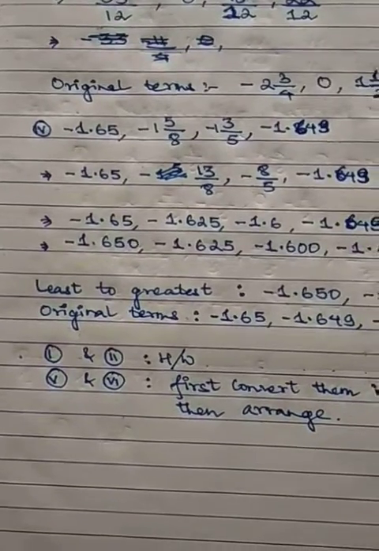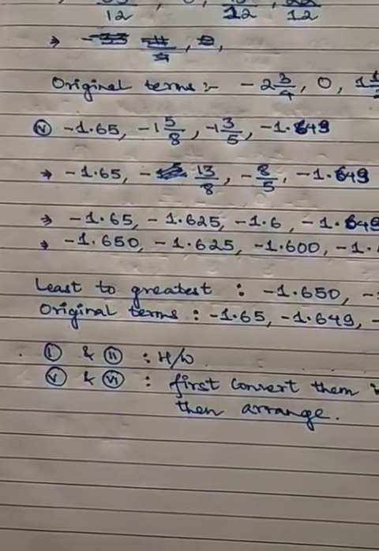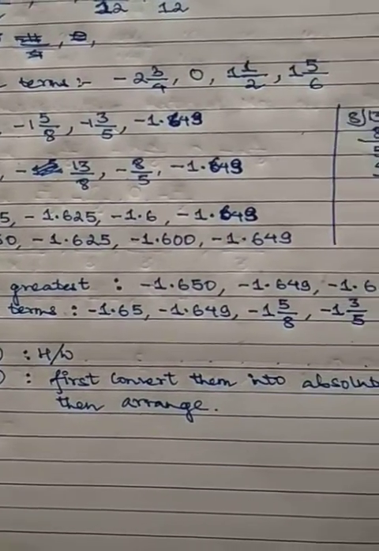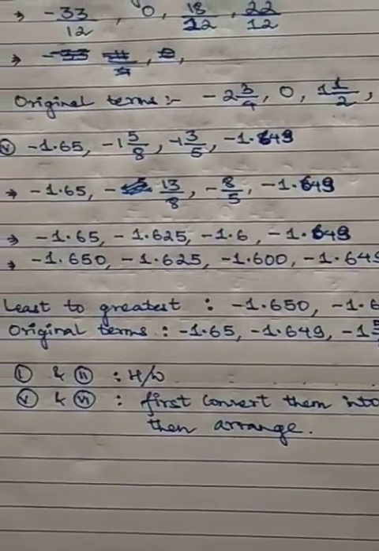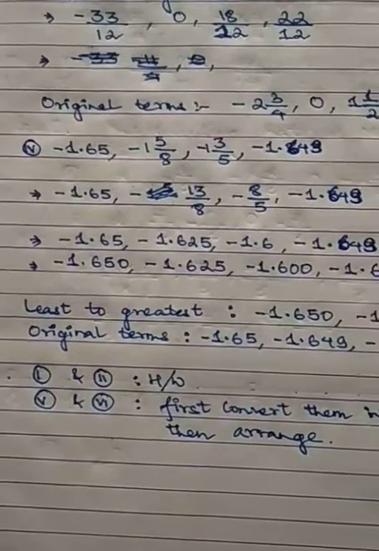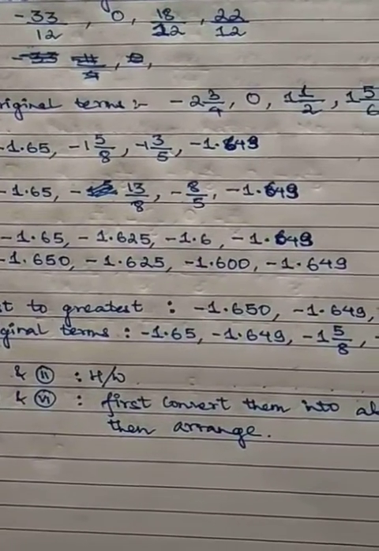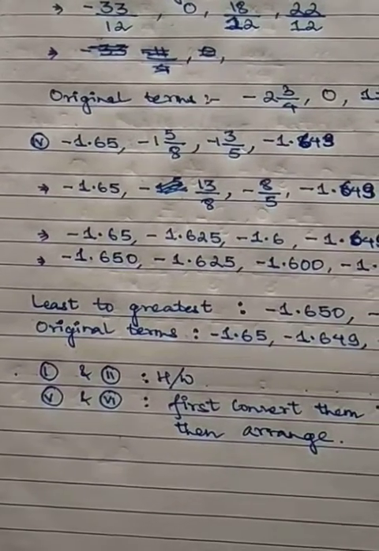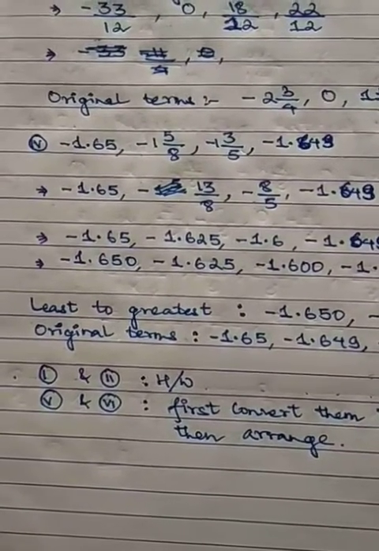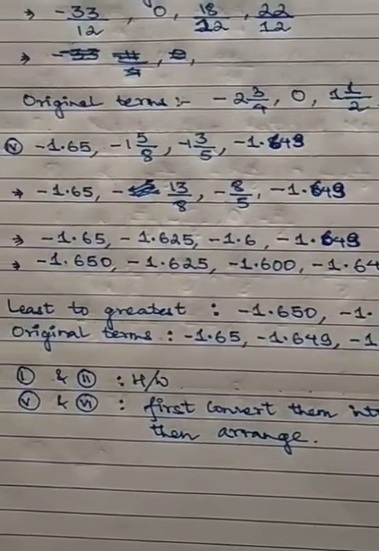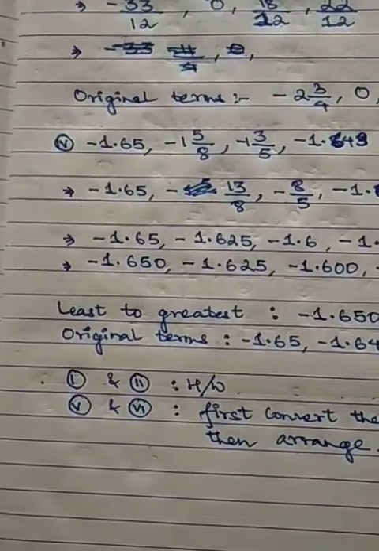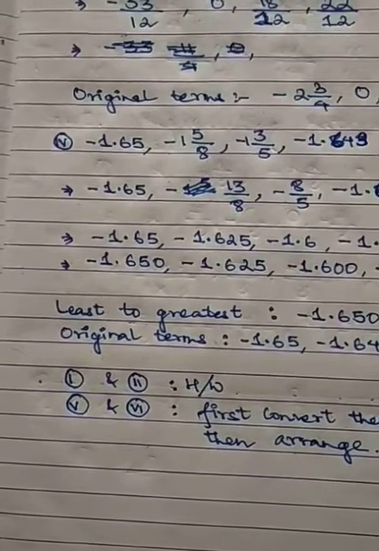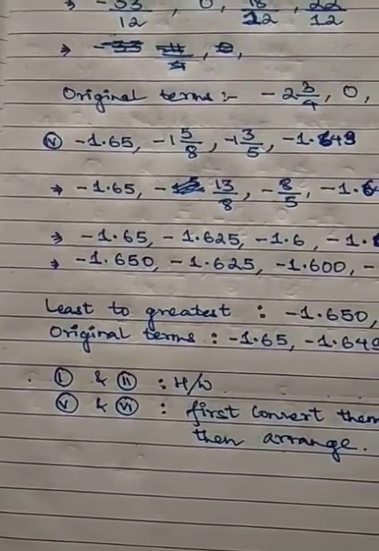And what I see here again is the digits after the decimals. Somewhere we got 2 digits, somewhere 3 digits, somewhere 1 digit. So as you know, after the decimal we can add zeros as much as we want. So in order to make all the terms have the same number of digits, I have placed a 0 in the first term, that is, I have added a 0 and made it minus 1.650.